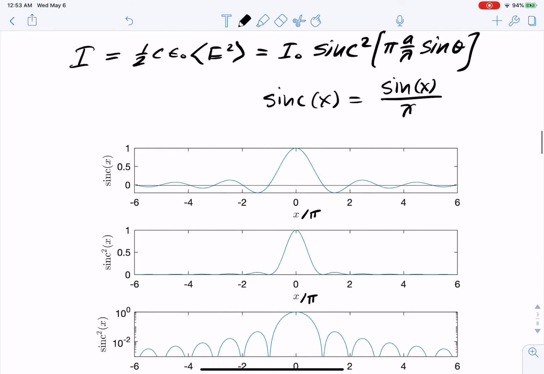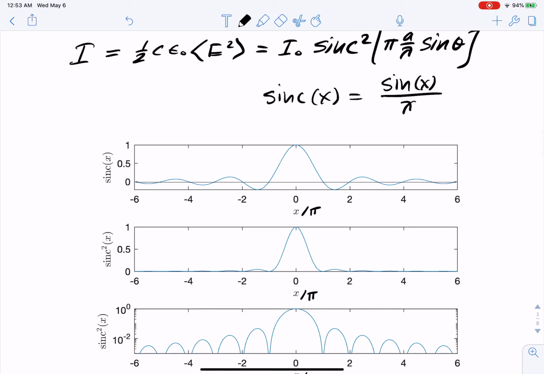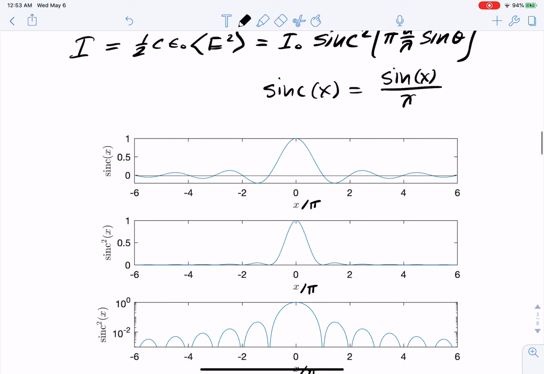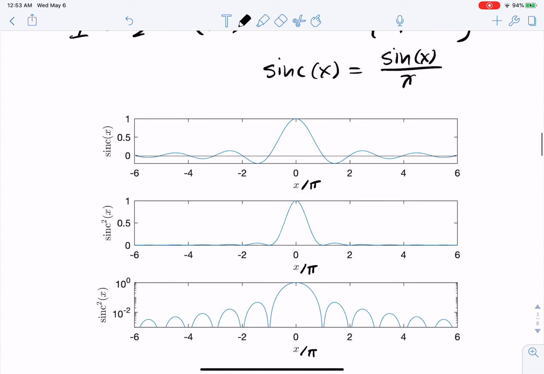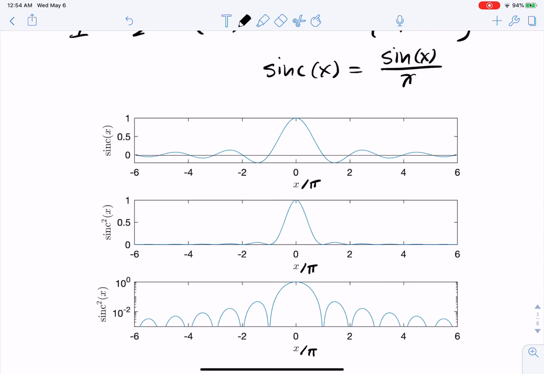What we actually have for the intensity is the square of the sinc, and it drops off very quickly compared with this peak at 1. The next lump is very small, and you can barely see the next ones. They're really, really tiny. In order to see them better, you often put that on a semi-log graph.